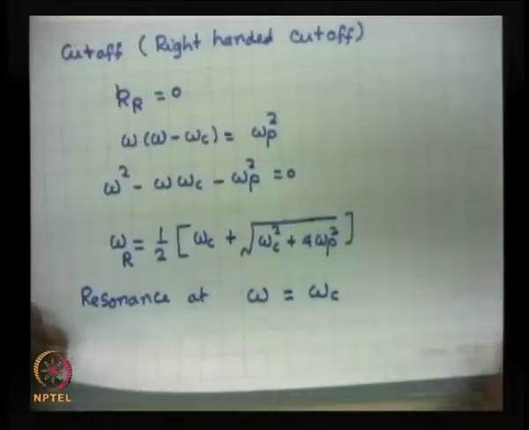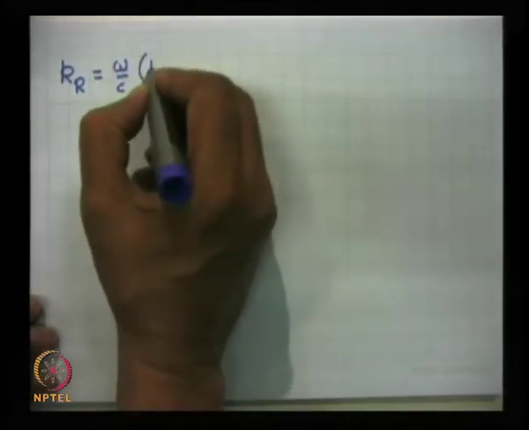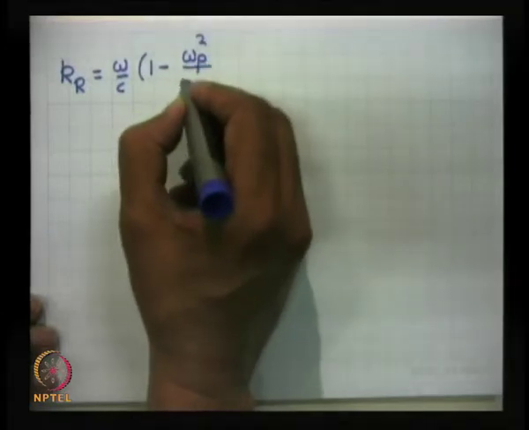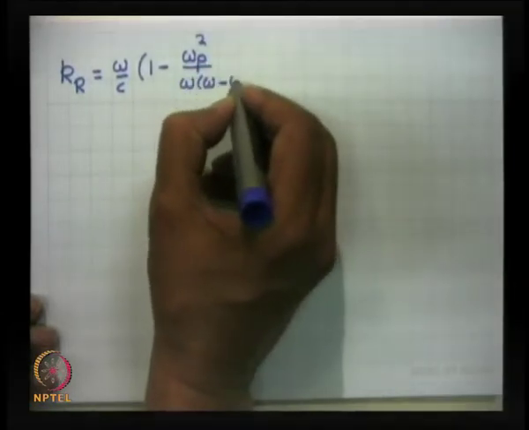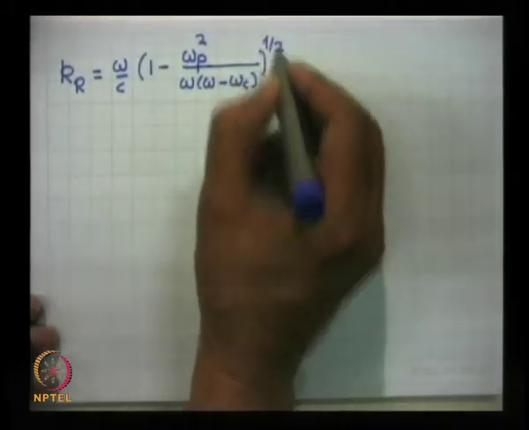Let us see how it happens. It will be better to plot this expression K_r, which is for the right circularly polarized wave, as omega by c under the root of 1 minus omega_p squared upon omega into (omega minus omega_c).